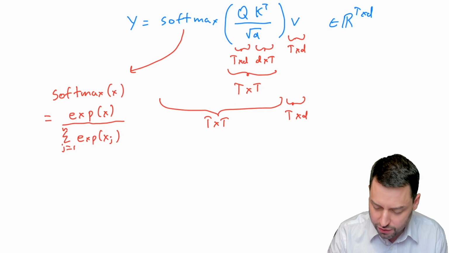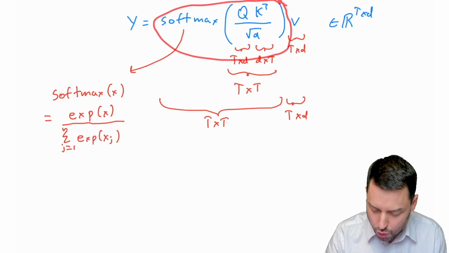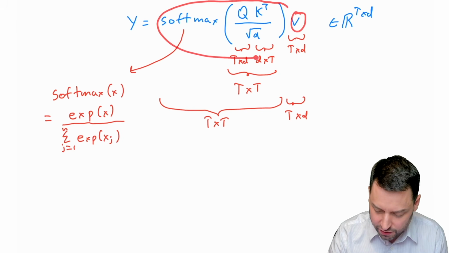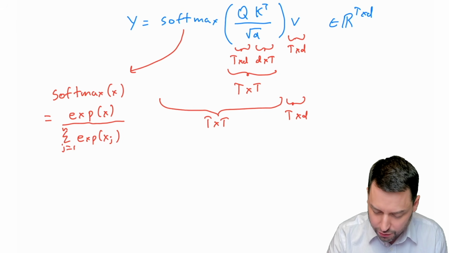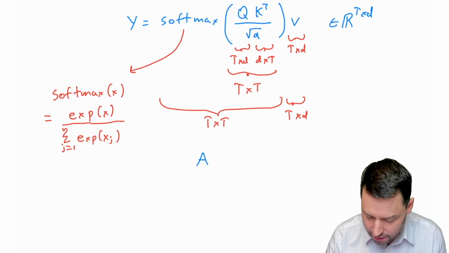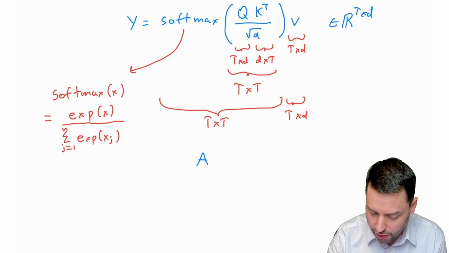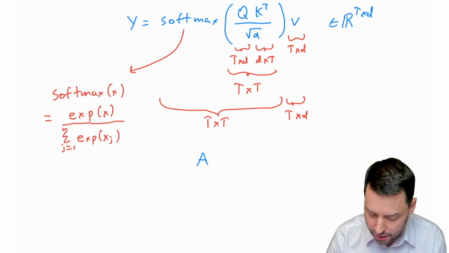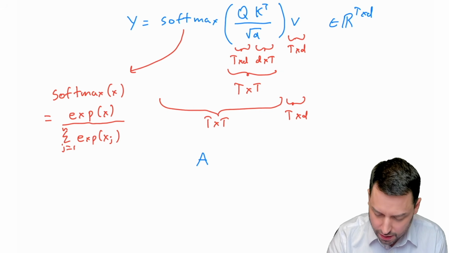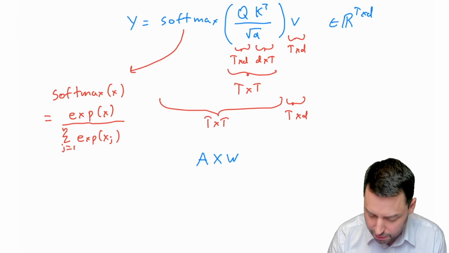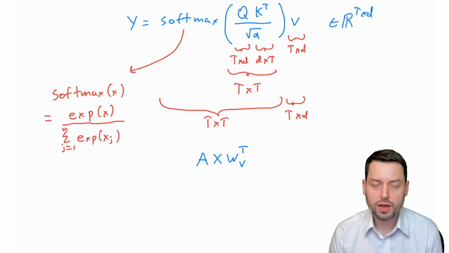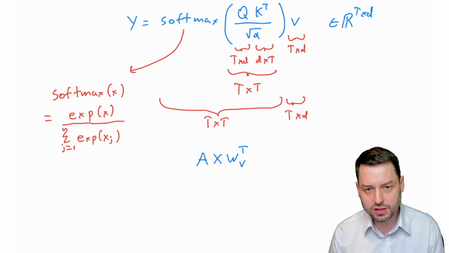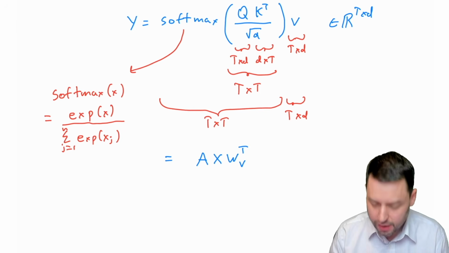We're going to call this whole matrix here, this softmax without the V, we're going to call this whole matrix A. And then we're going to write explicitly this matrix V as now X times WV transpose.